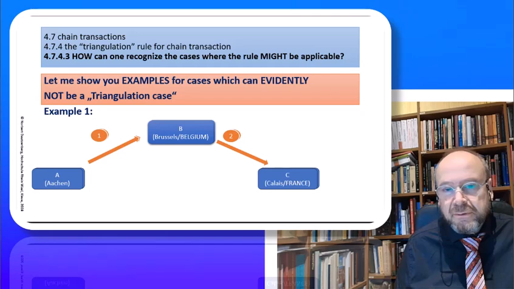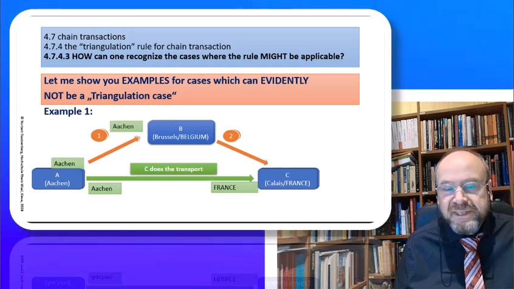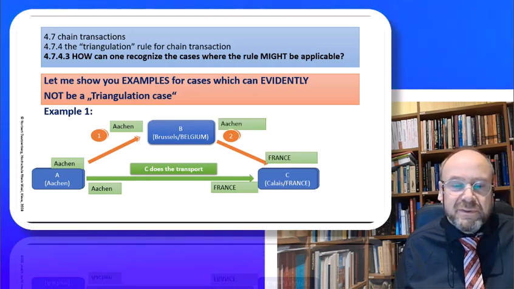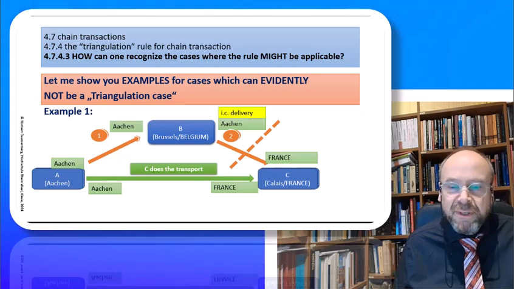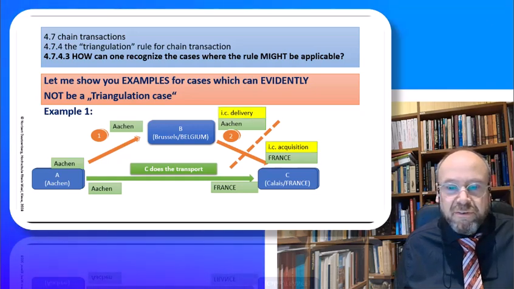Examples where that could happen. We have A, B, and C from three different countries. We have C doing the transport. So the first delivery is without movement. The second one is with the transport. Here it crosses the border. So we have an intra-community delivery here with B in Belgium and the IC acquisition with C in France.